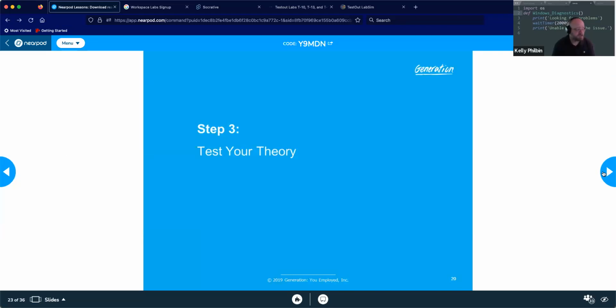step 3. So we have identified the problem, established the theory. What do we think's happened? Next, we're going to test our theory. This is where we try to reproduce results and verify that what we think is causing the problem is actually causing the problem.